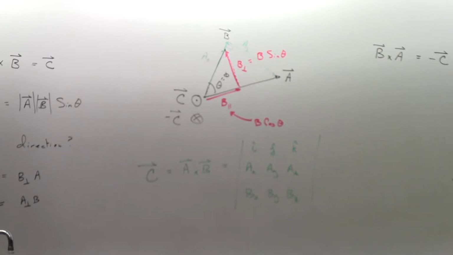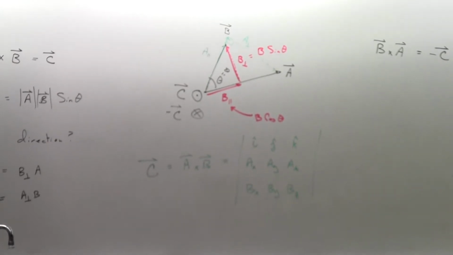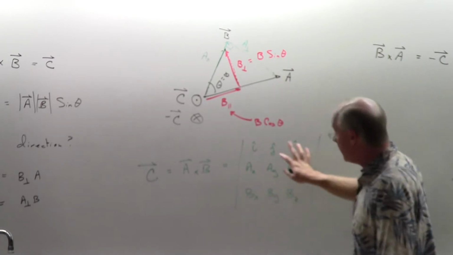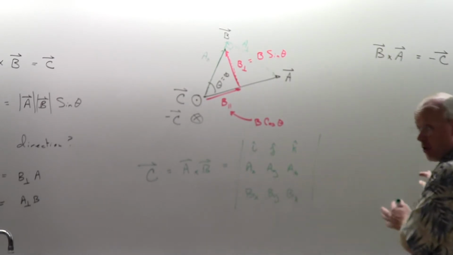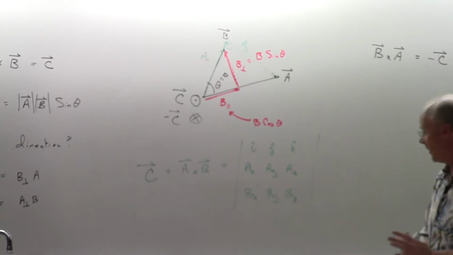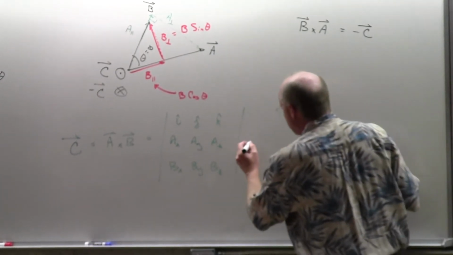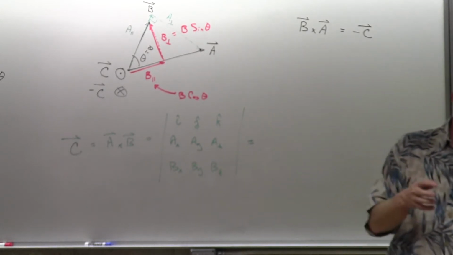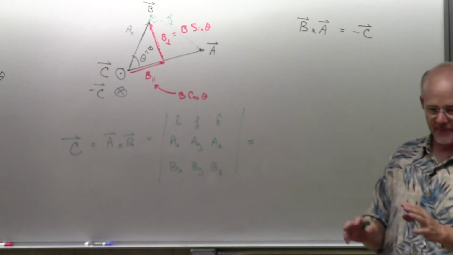But it does work, and it works really well. And in the special case, where A and B are in the plane, then these two are zeros, and it's actually kind of short. But let's do the general case, and then we'll look at the special case here in just a second. Because you may not have remembered or never learned, and so that's why I'm going to review or teach you, how do you do the determinant of a 3 by 3 matrix?